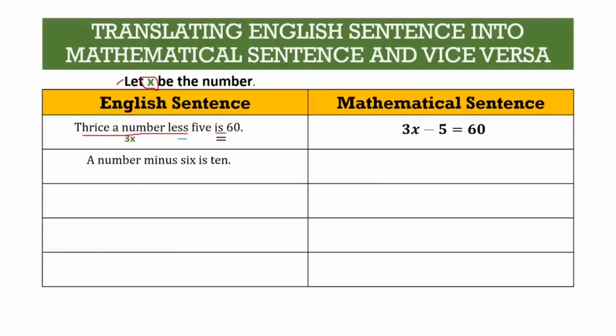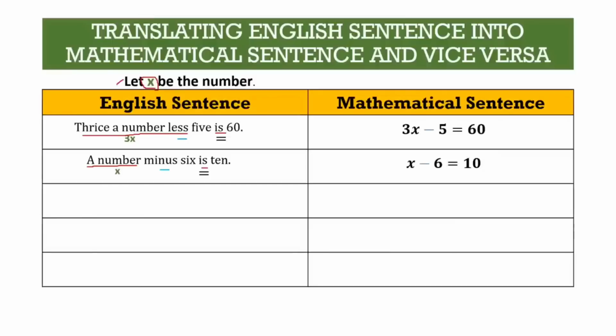Next, a number minus 6 is 10. So in here, we have the term a number again, but since we don't know the number, we let that be x. Minus means the minus sign, and then is is represented by the equal sign.